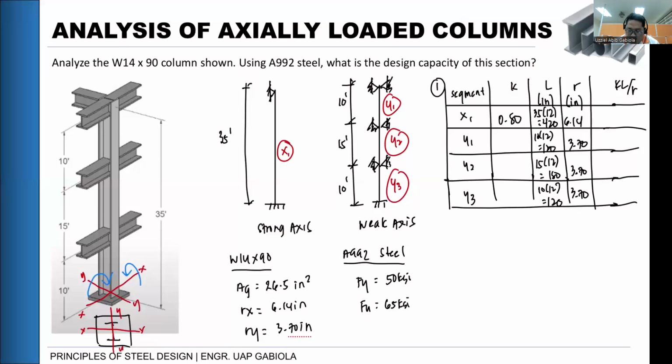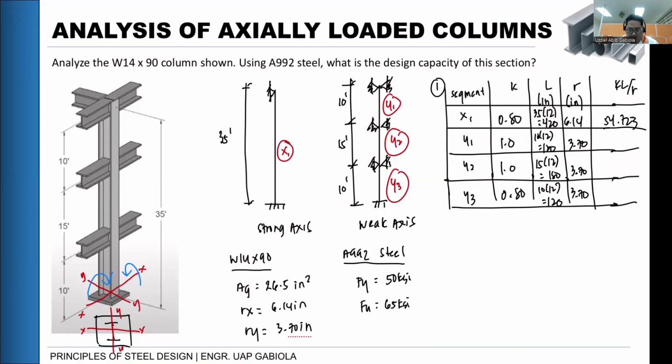And then we have yung sa first segment natin ng Y, that is pin-pin. Pin-pin is 1.0. Dito is pin-pin also, so 1.0. And then yung Y3 natin is pin-fix, that is 0.8. And then, just calculate yung KL over R respectively. 420 divided by 6.14, we have 54.723.